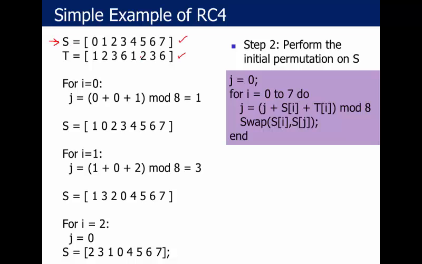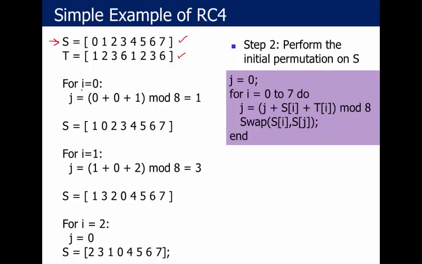So S starts from 0 of J, and I is increasing. So I starts from 0 to 7 only, because we have an 8-bit mechanism here.